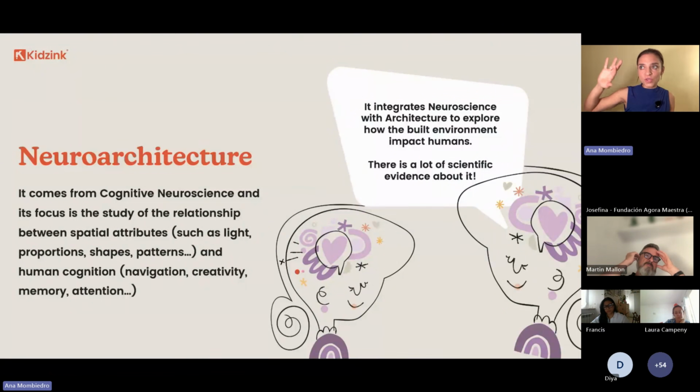So all these things are decisions made in the realm of architecture and design, but they have to be linked to human cognition, to what happens to navigation, creativity, memory, attention. So neuroarchitecture is the integration of these two realms, some parts of neuroscience and some parts of architecture. And we use this to explore how the built environment impacts humans. And as I said before, there is a lot of scientific evidence about it.